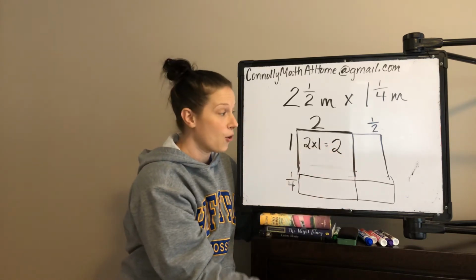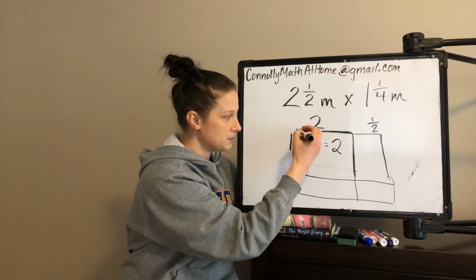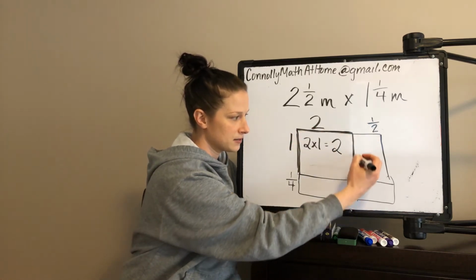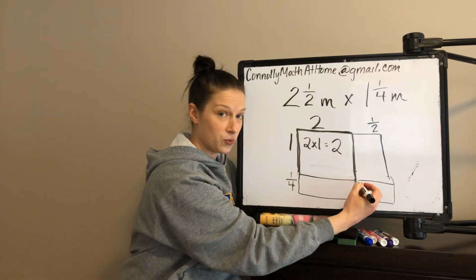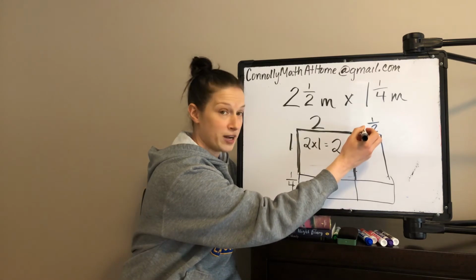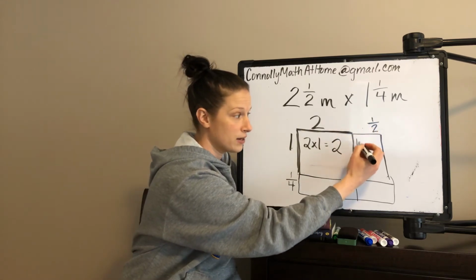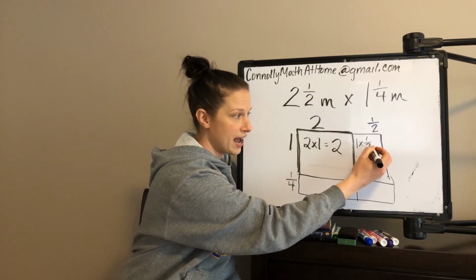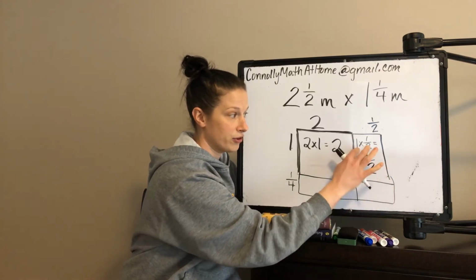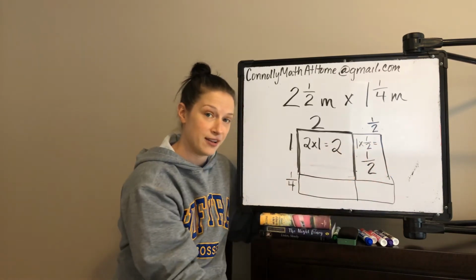Over here, we know that this piece is equivalent to this piece. So we know that we're multiplying 1 times 1/2. One group of 1/2, which you know equals 1/2. If you have one group of 1/2, it's 1/2.